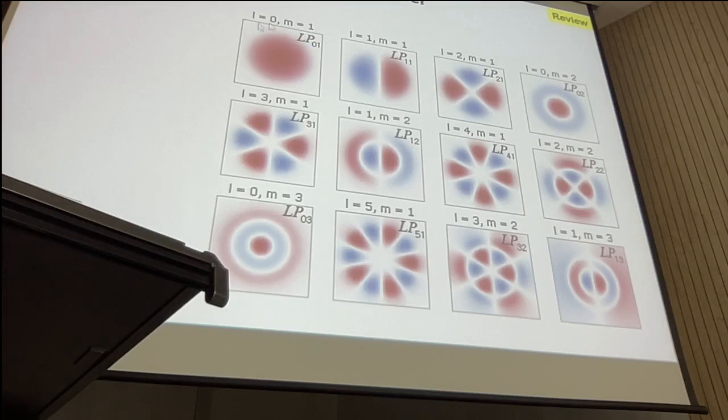It's like the angular momentum, a little bit different. It's like the hydrogen atom model. LP01 means the quantum number along the axial direction is 0 and the radial direction is 1. And the next has quantum number 1 for the axial direction and 1 for the radial direction. So we have one oscillation along theta or phi.